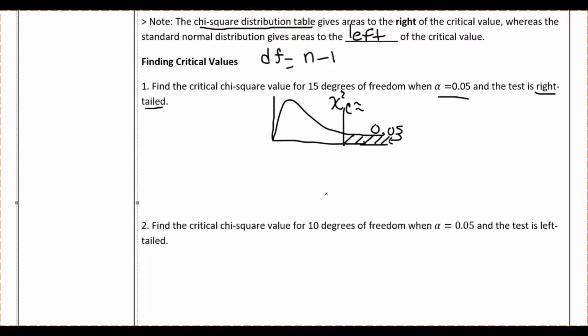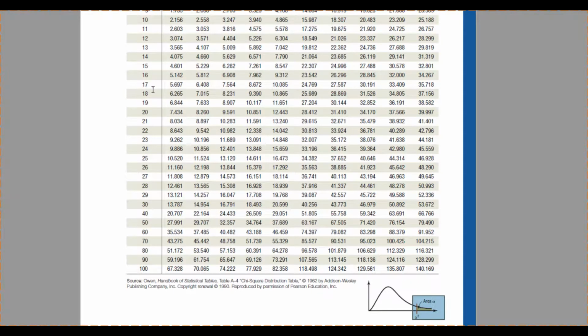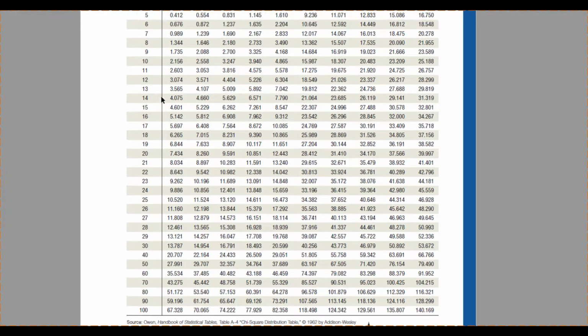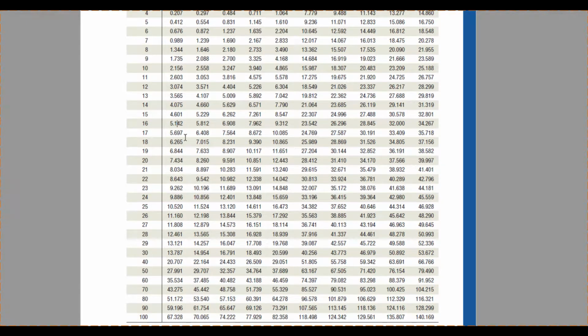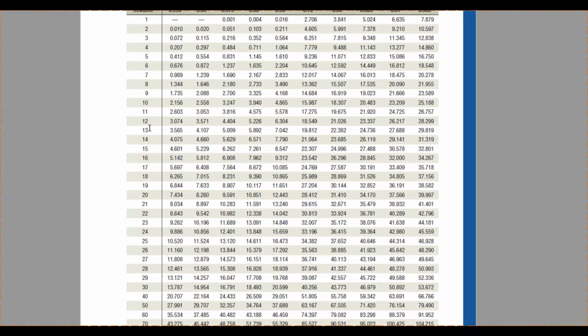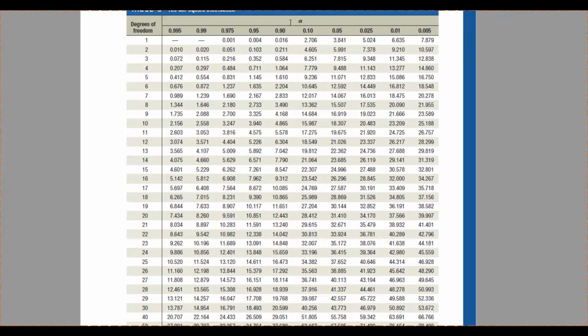All right, and then notice that we have our df is 15. So we're going to look this up on the table for an area of 0.05. If we go into the table, we see that we have a degree of freedom of 15 in this row right here, and we're looking it up for an alpha of 0.05, and there's no adjustments that we need to make at all.